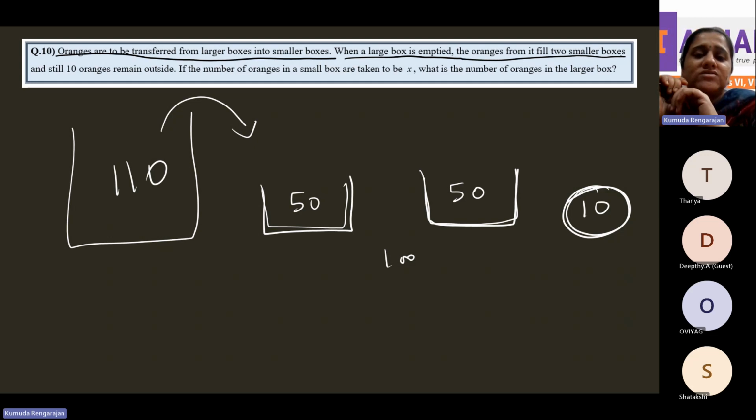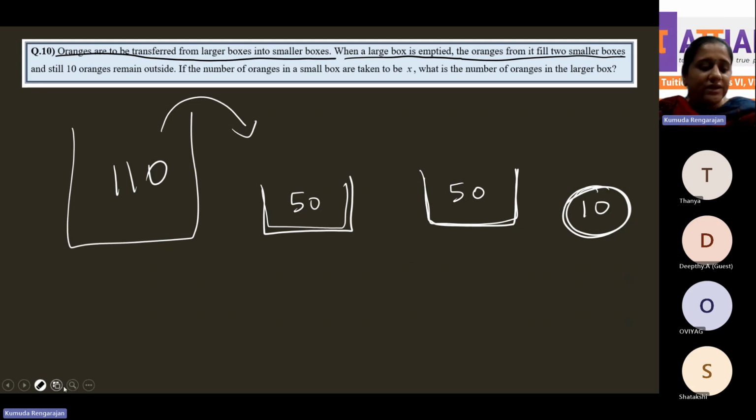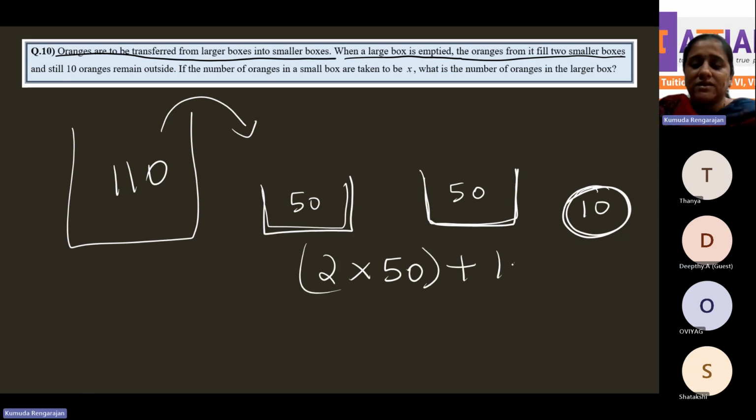If the number of oranges in one small box is X, what is the number of oranges in the large box? Okay, so in the example we have taken, 50 oranges into 2 boxes plus 10 will give us the total 110.